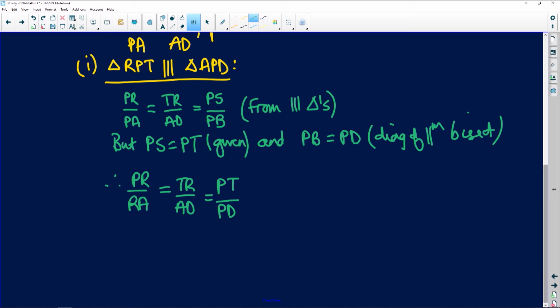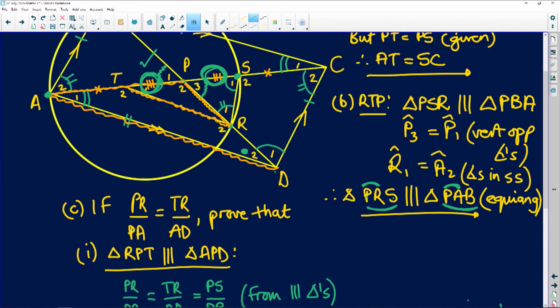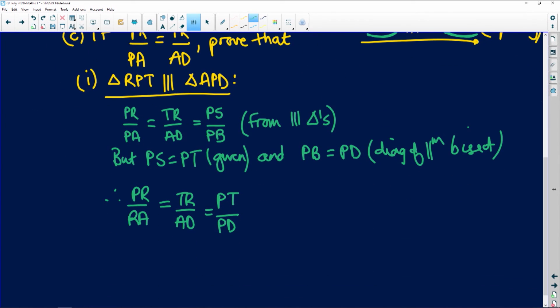Now, folks, you can see there's PT in the smaller one and there's PD in the bigger one, and that's all I wanted to bring in. That's enough for me to conclude that triangle RPT is indeed similar to triangle APD, and the reason for that is the sides are in proportion.